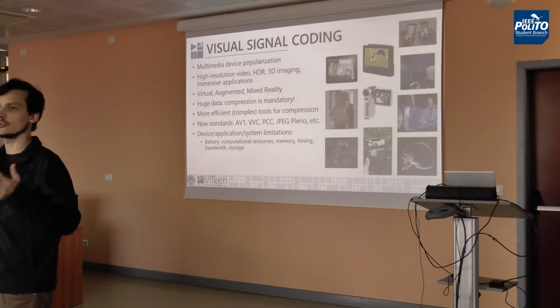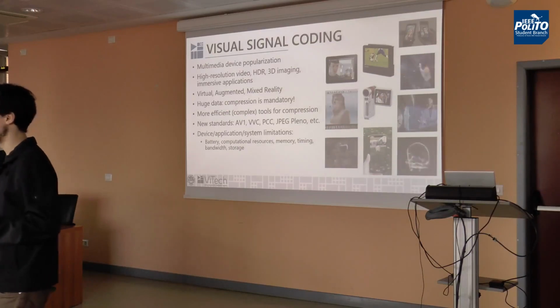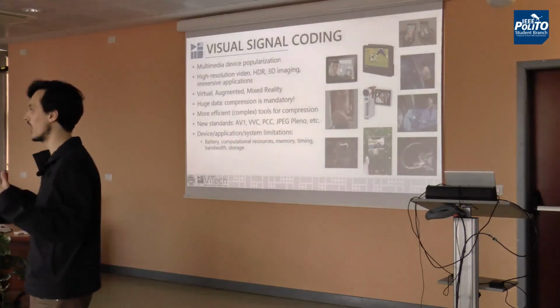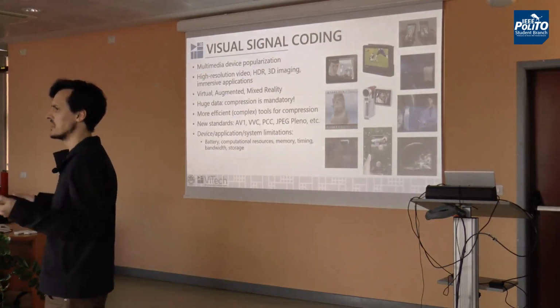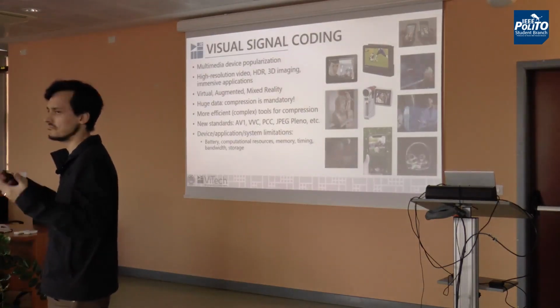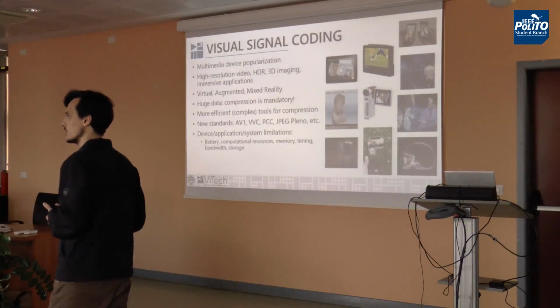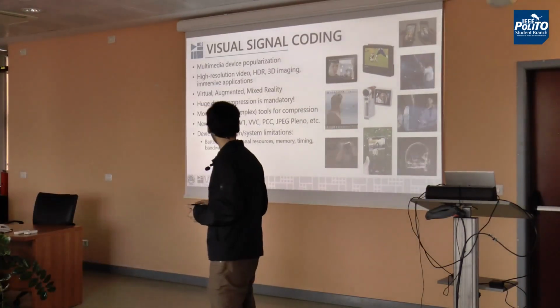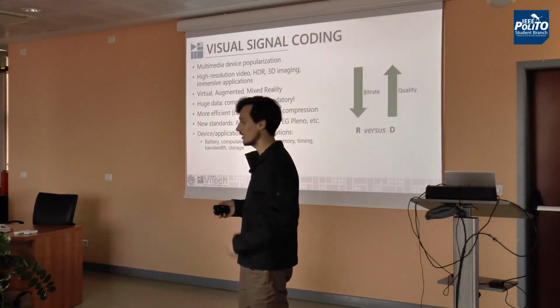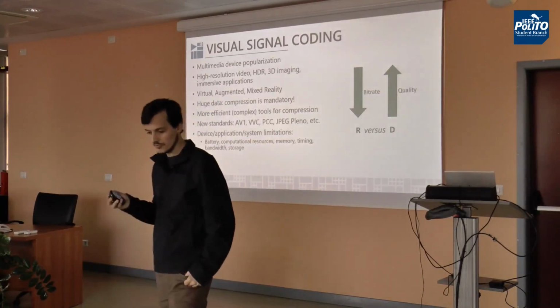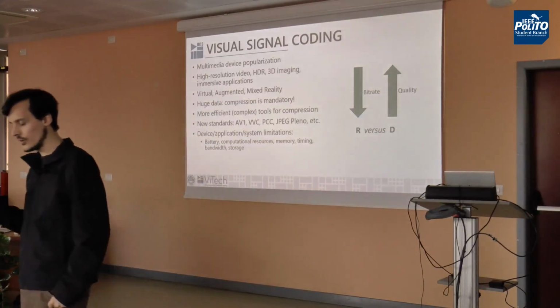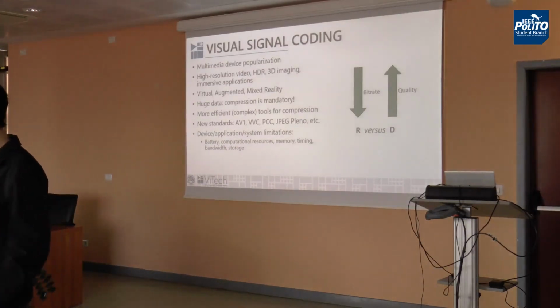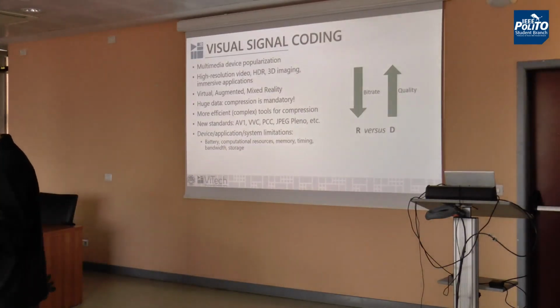Everything that you have in your pocket, like your smartphone or your tablet, you may want to record in 4K, 8K, or with many cameras at the same time. So how can we do this in practice?